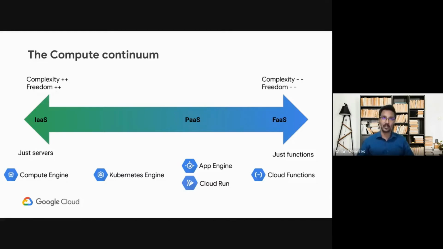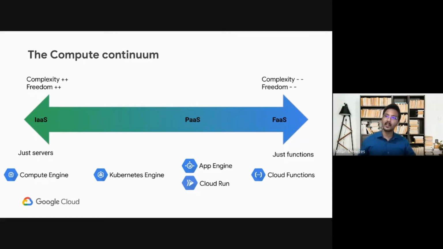If you go towards the right, towards platform as a service, you have the serverless options. We have App Engine and Cloud Run. App Engine is basically a PaaS offering where you don't take care of the infrastructure, you just deploy applications. And Cloud Run is one such offering where, if you've heard about Docker containers, you just take a Docker image and deploy it as a container.